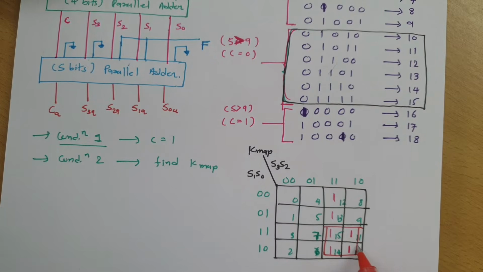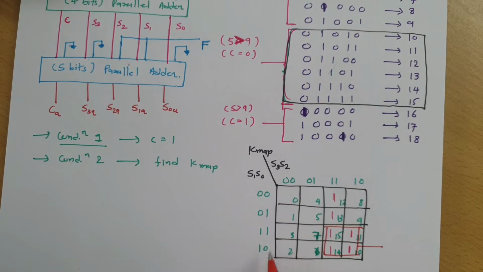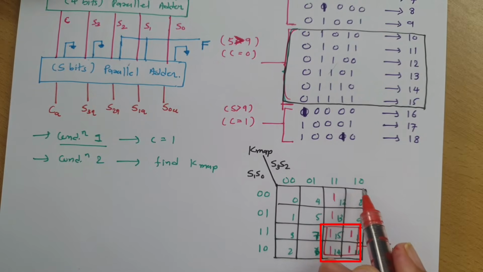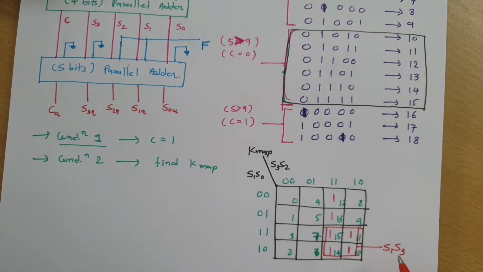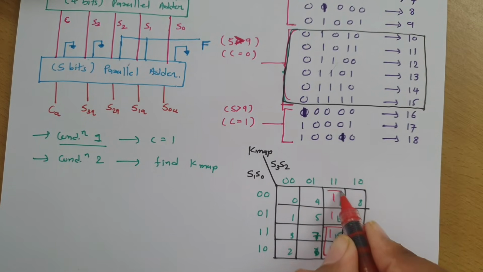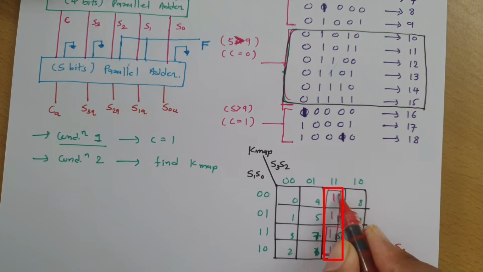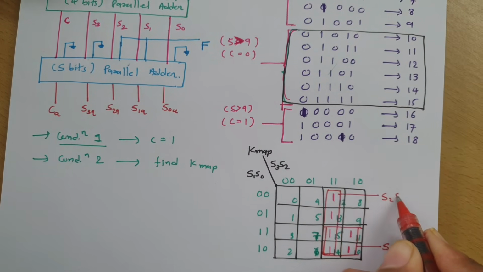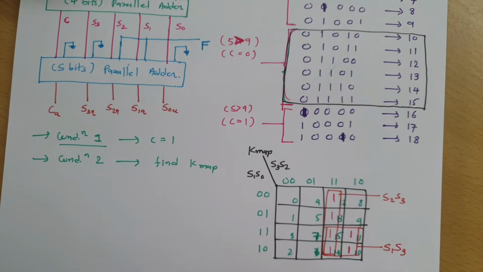In this group you can see S0 S1, that is 1 1 1 0, so S1 is 1, and with S2 S3 1 1 1 0, so S3 is 1. So this group is S1 S3, and second group is this one. In this second group we can say S2 S3, that is 1 1, and S1 S0 is changing.